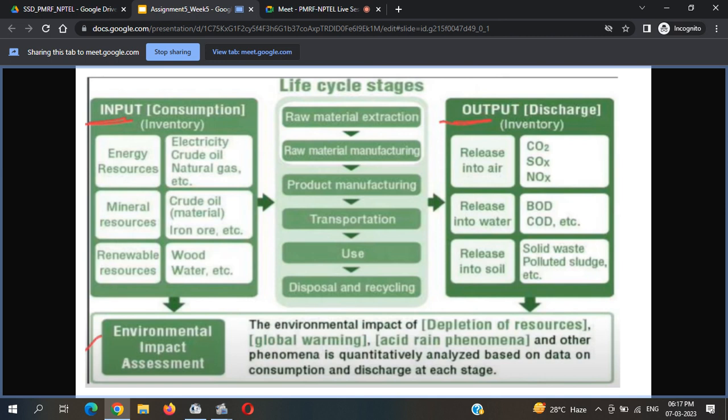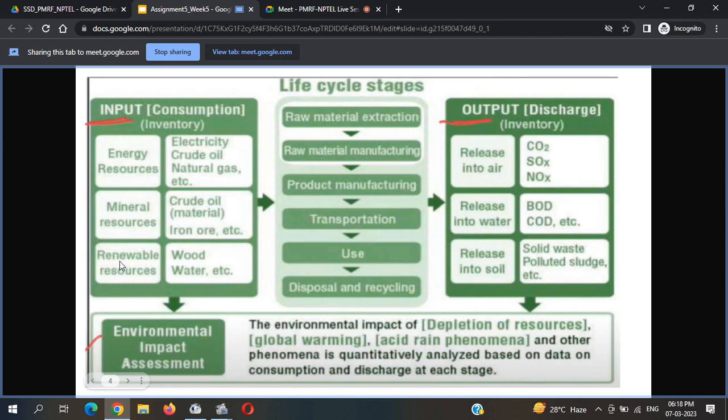So coal is your raw material there. It might even be hydroelectricity, or solar electricity. So there can be several ways from where you are getting the electricity also. Then other things like crude oil or natural gas are also there. Then there can be mineral resources, such as ores of metals. For example, iron ore, which is used in manufacturing a lot of equipment or even electronics.